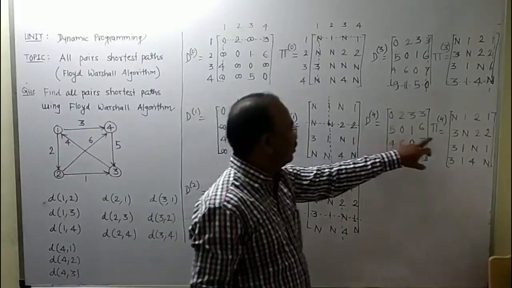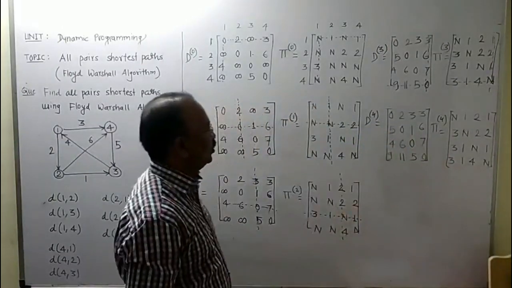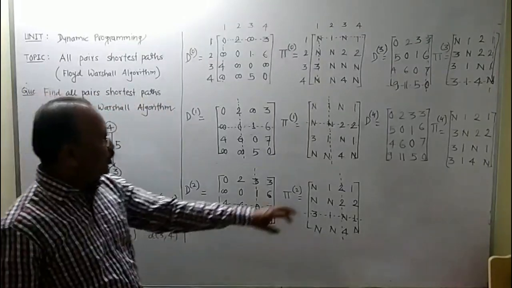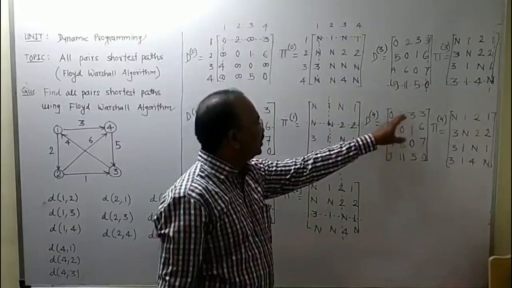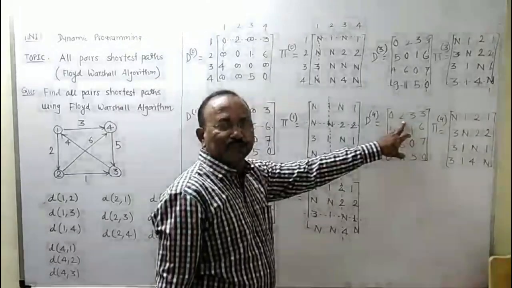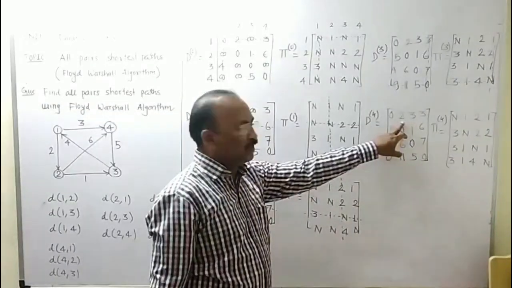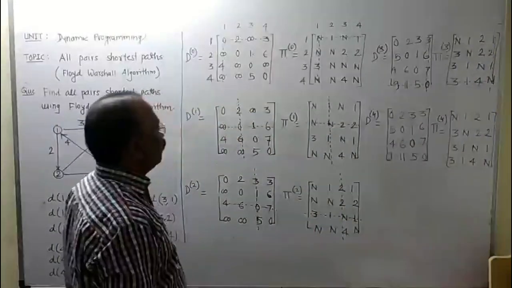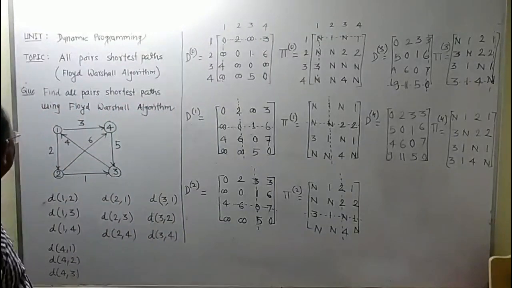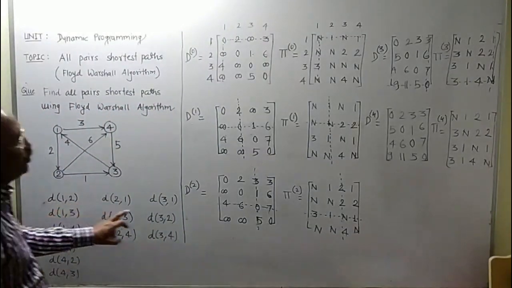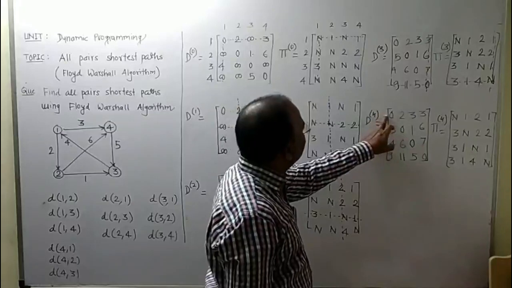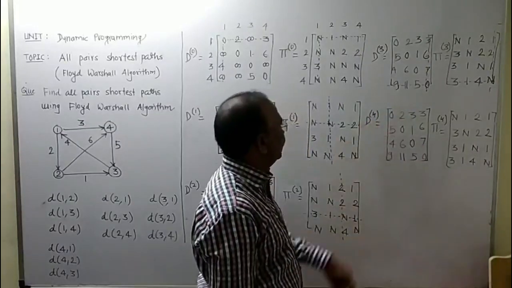Okay, and this is nothing but the predecessor matrix. Now the values which are specified in the D4, these are nothing but the shortest distances. Now let us see, distance from 1 to 2 is nothing but 2, right?